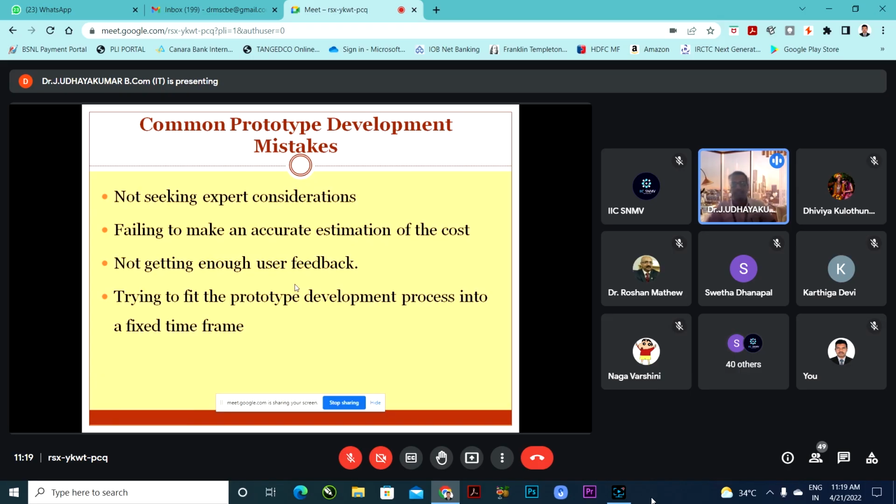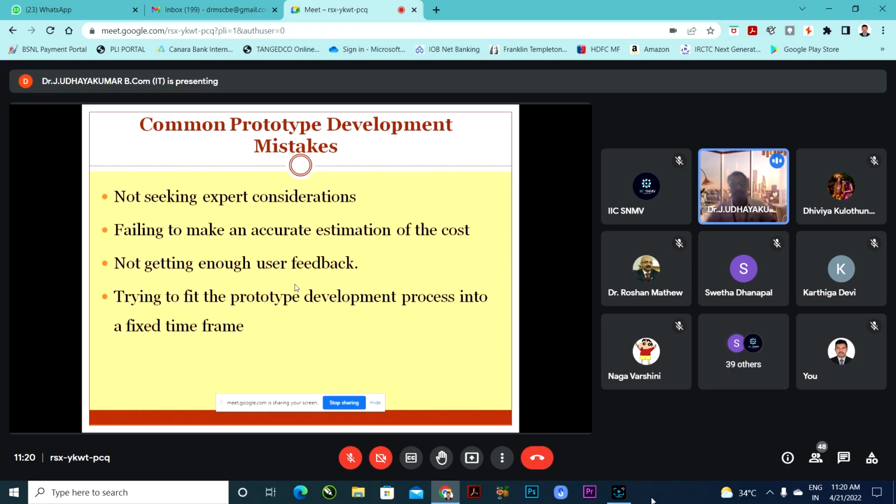Another is failing to make an accurate estimation of the cost, because newcomers or startups don't know what cost to keep for the product. They do not have much knowledge, and they are not following any prototype rules, so their investing leads to inaccurate estimation of the cost. Another is not getting enough user feedback, because user feedback is very vital for the success of the process.